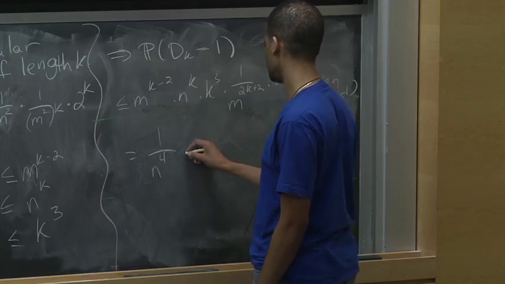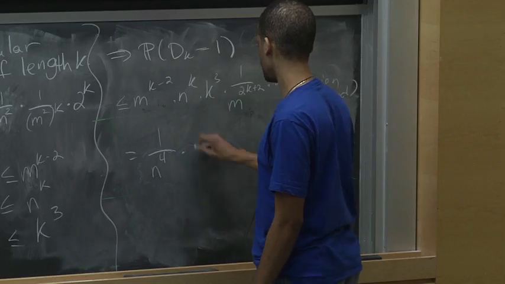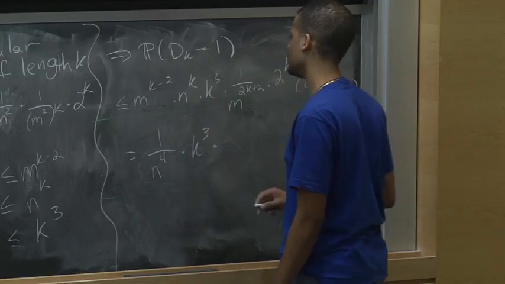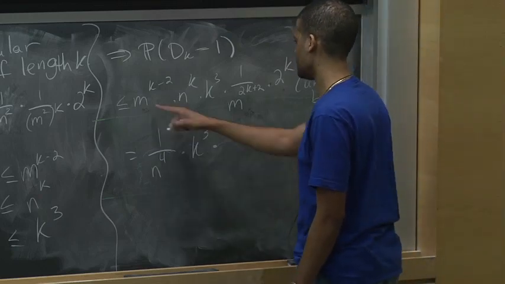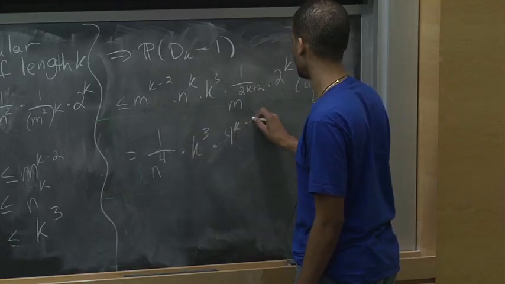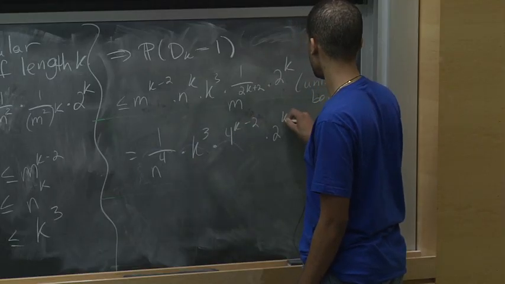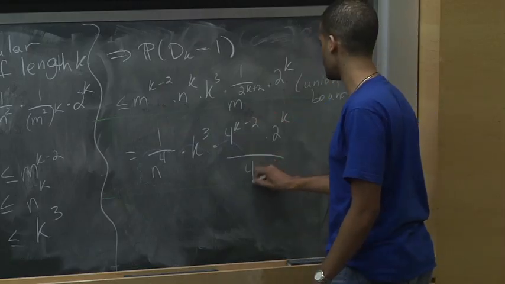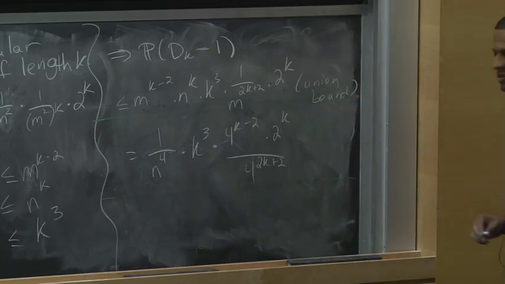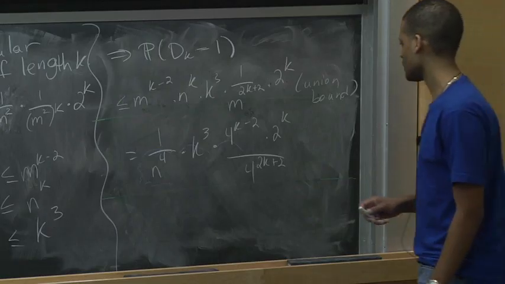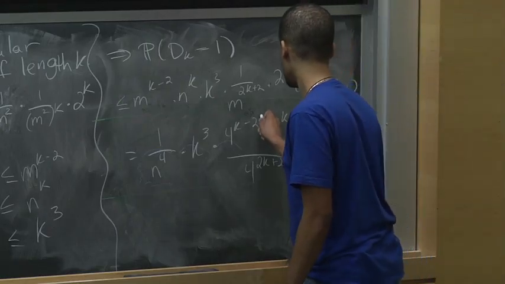And then we have times k cubed times. So that's 4 to the k minus 2 times 2 to the k over what's left here, which is 4 to the 2k plus 2. That goes away.